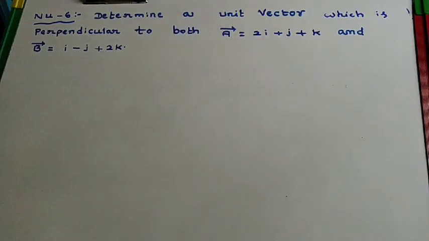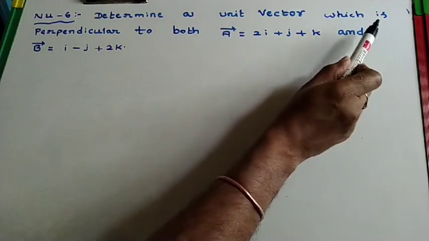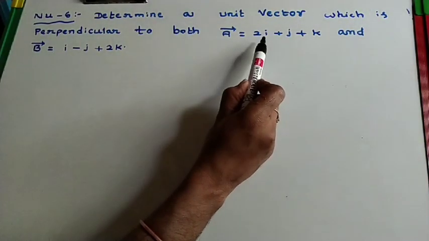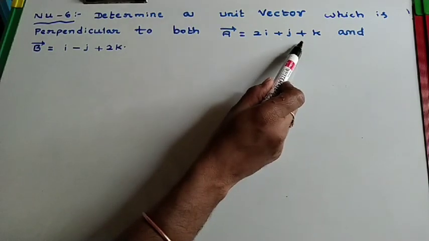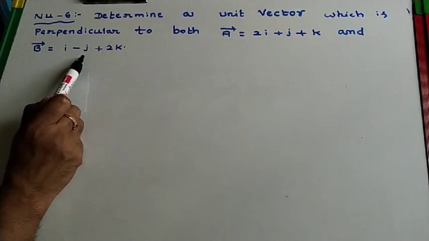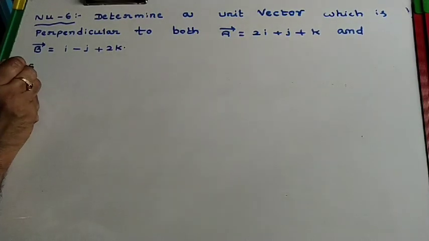Now, numerical number 6. Now see, determine a unit vector which is perpendicular to both A vector 2i plus j plus k and B vector i minus j plus 2k. This is the question. Now go for solution.